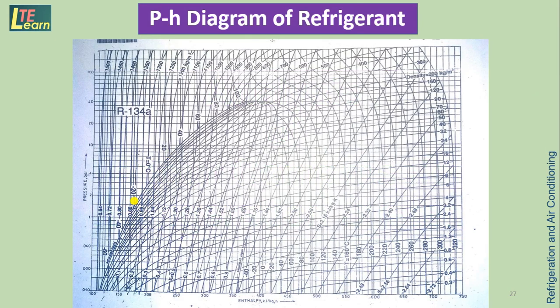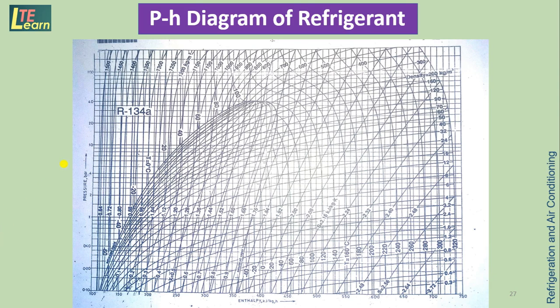So pH diagram means pH chart, which is a graphical representation of various properties like enthalpy, pressure, specific volume, specific entropy, temperature, density, etc. So here as a sample we are taking the refrigerant chart of R-134a, that is tetrafluoroethane, which is used in domestic refrigerator.